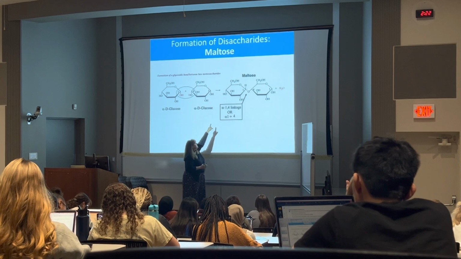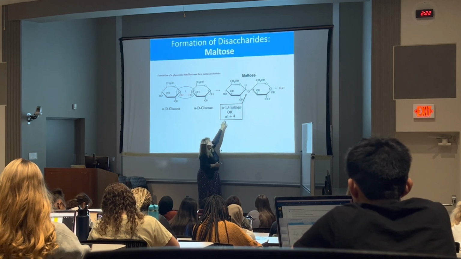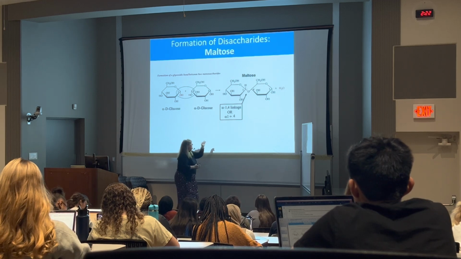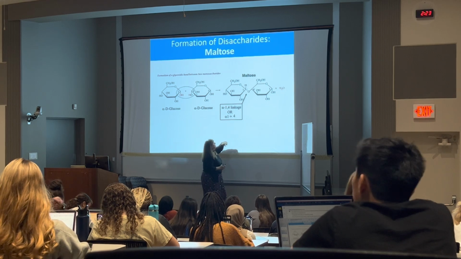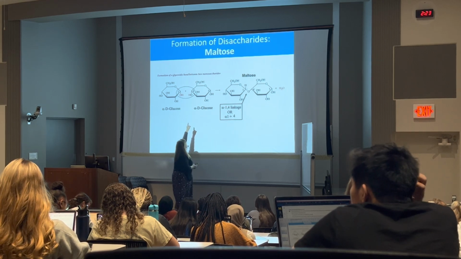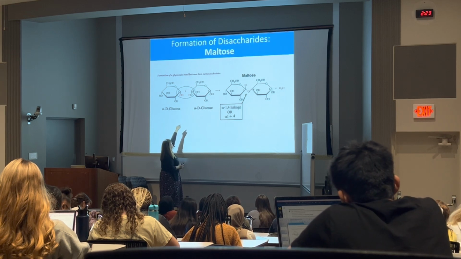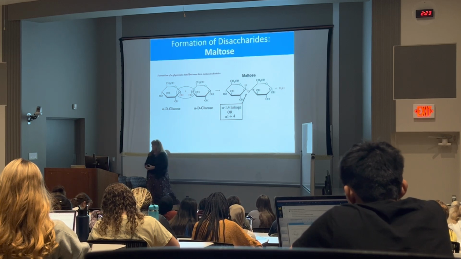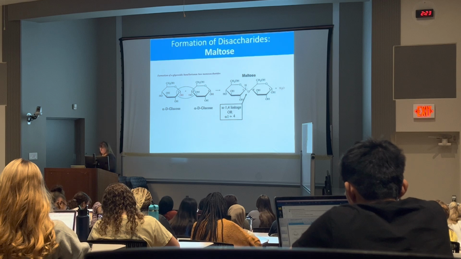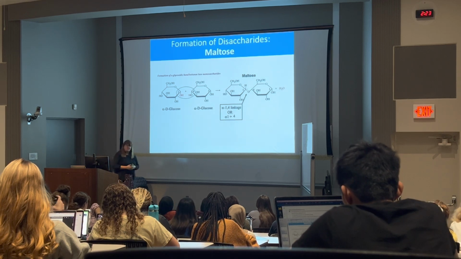So you can say it's an alpha 1,4 linkage, drawn like that with a comma, or you can do an alpha 1 arrow 4. And again, the product is water. We lost the H off of the oxygen from carbon 4, and the OH group off the anomeric carbon to form water. Is maltose a reducing sugar?